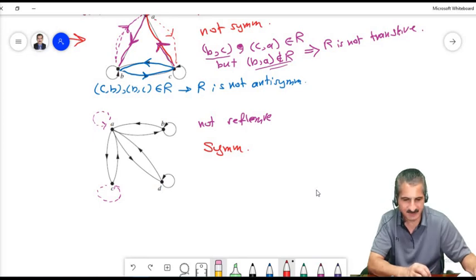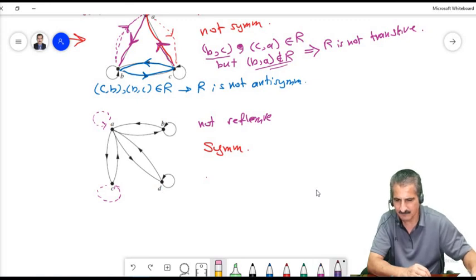Somebody answer me. Is it transitive? Sumaya says no. Tell me why it's not transitive. So let's see. A is related to B, right? We can see that.